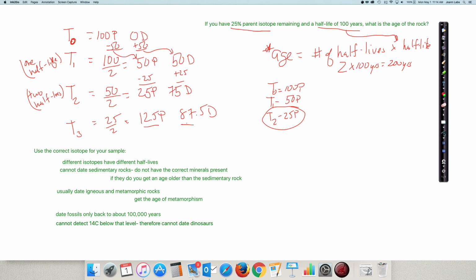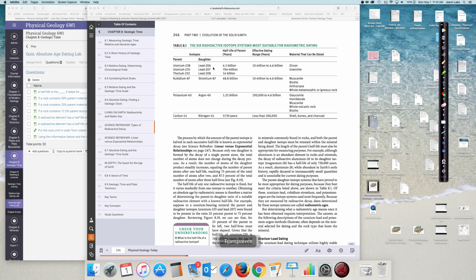So if we look at this table, this shows you your parent isotopes, your daughter isotopes, the half-life presence. So if you have a rock that is 800 million years old, you're not going to want to use 4.5 or the 14 billion. So it gives you kind of a range of when the dates are useful. And then it also tells you the mineralogy.